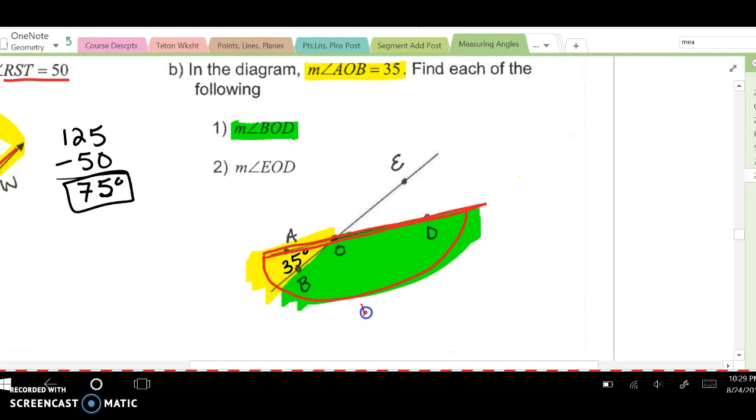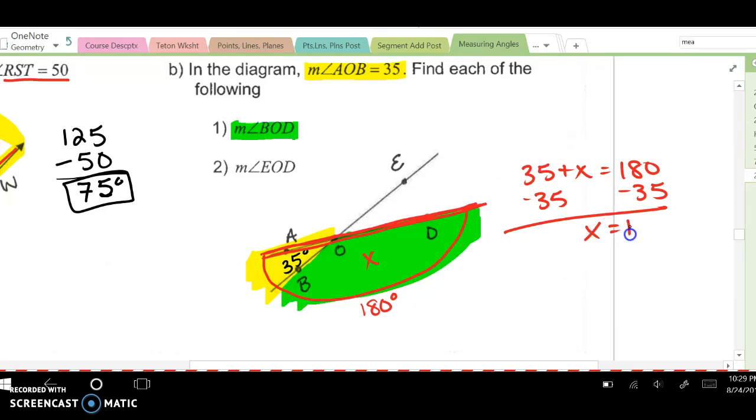So they have to add up to 180 degrees. They're, we'll talk about tomorrow, called a linear pair. So if 35 plus, we'll call it X, has to add up to 180 degrees, I could just subtract 35. So X would equal 145 degrees.